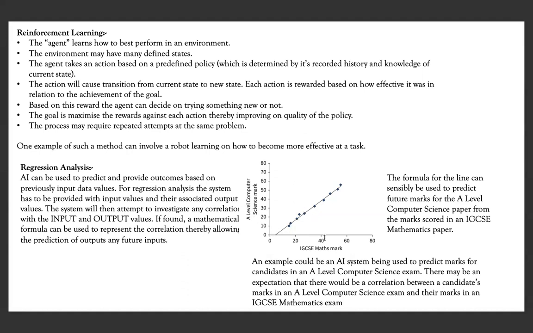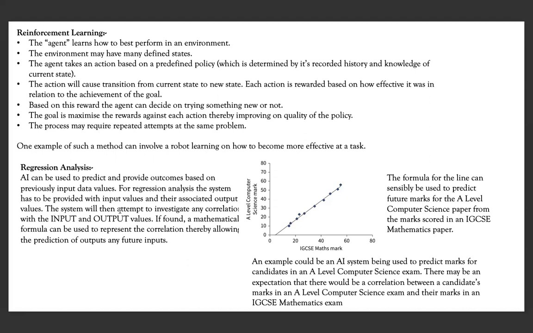So for each maths mark, we get a computer science mark. A few sets of data are analyzed for maths and computer science, and once a correlation is established between these two marks, it can be used to predict how many marks a student who achieved a certain grade in IGCSE mathematics may achieve in A levels computer science. But first, a correlation has to be established.